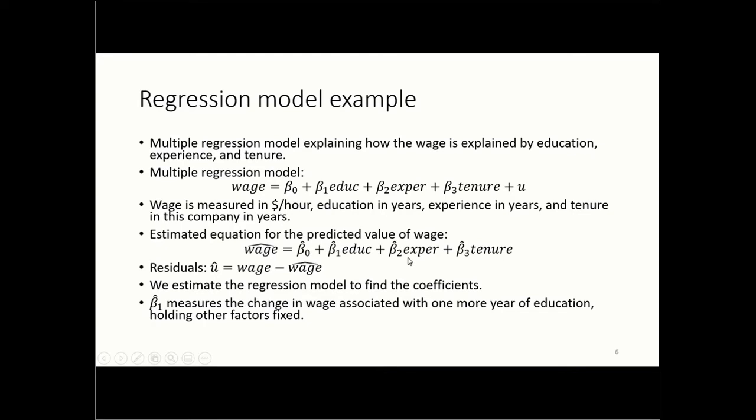So here the residual u hat would be wage minus wage hat. And we will estimate this regression model to find the coefficients, and beta 1 hat would measure the change in wage associated with one more year of education, holding other factors fixed.